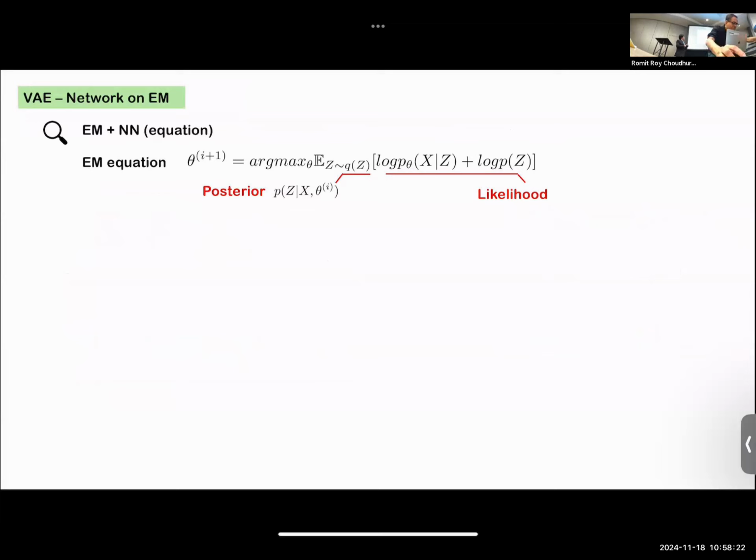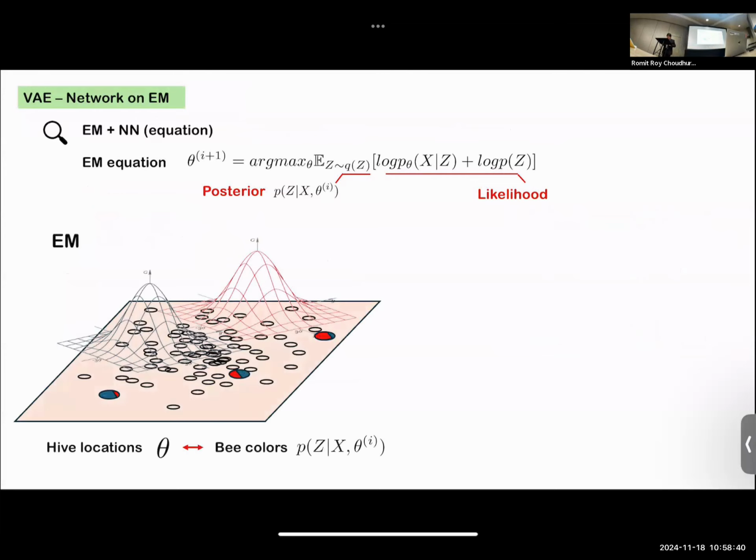So let's get into the second lens of overview, which is that VAE is actually applying a neural network on the EM algorithm. We already see the generator is generating the posterior. Now I'm going to tell you that the decoder is actually estimating, or maximizing, this likelihood. So EM is saying, I want to find the color that explains these locations and the beehive location.